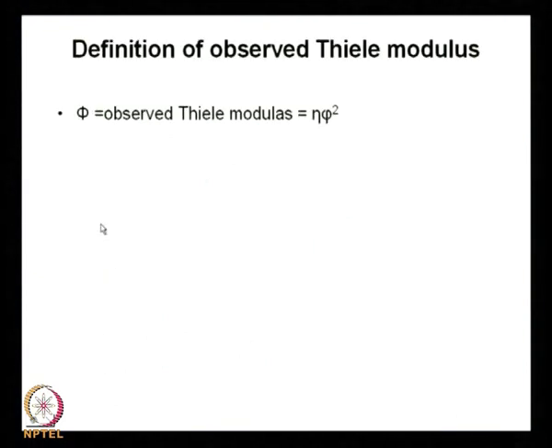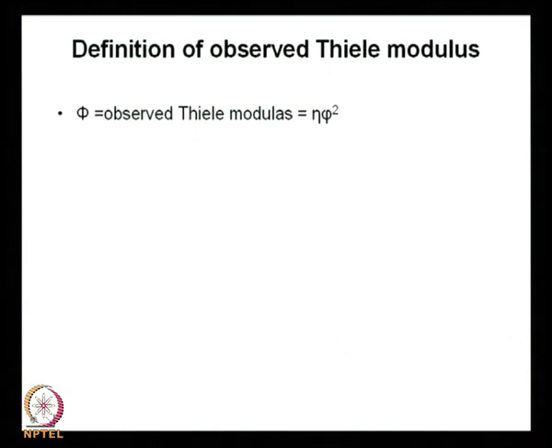So, my observed Thiele modulus. Now we come up with the expression for the observed Thiele modulus. If you remember, the Thiele modulus is the diffusion time scale over the reaction time scale. If the Thiele modulus is much larger than 1, it means reaction is much faster than diffusion, and if the Thiele modulus is much smaller than 1, it means reaction is much slower than diffusion, right.